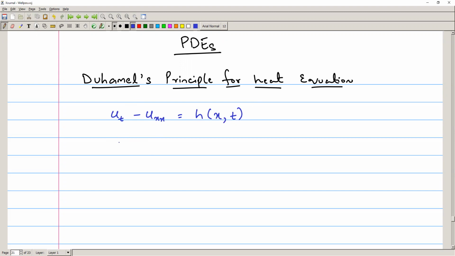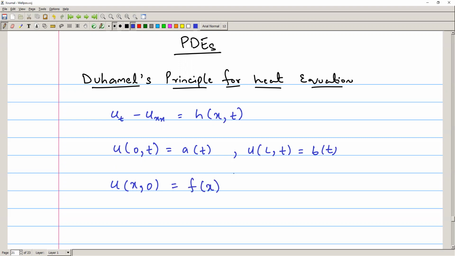So if an equation is given in this form and the conditions are given as u(0,t) equals some function of time, and u(L,t) is also some function of time, and then u(x,0), that is the initial condition, is some function of x.